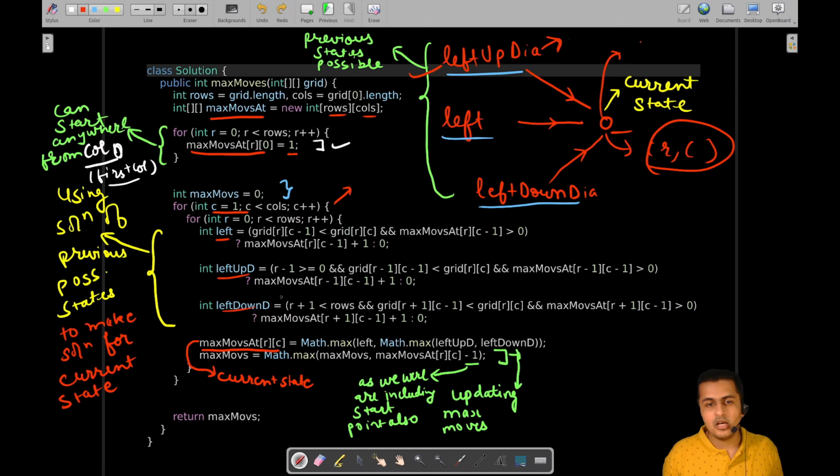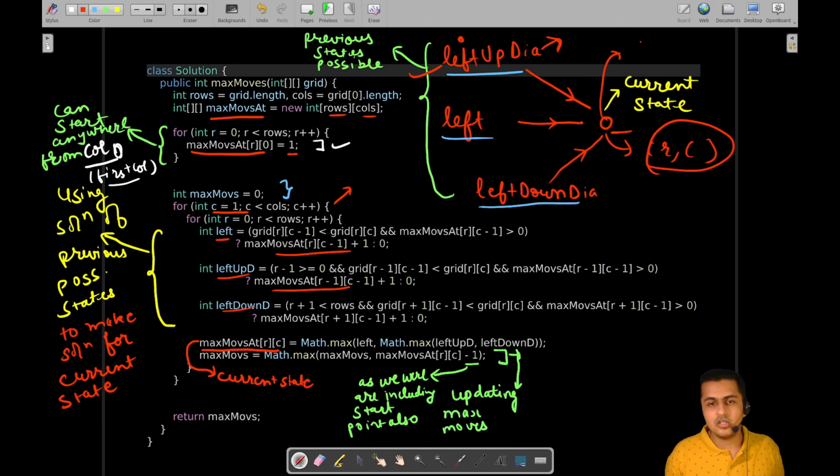This is what we are doing, after making a couple of checks. The very first check is that we are well within the boundaries of the grid, and that it is possible to have been at that cell in the first place. If you could not have been at that particular cell, then what is the use of taking its contribution?